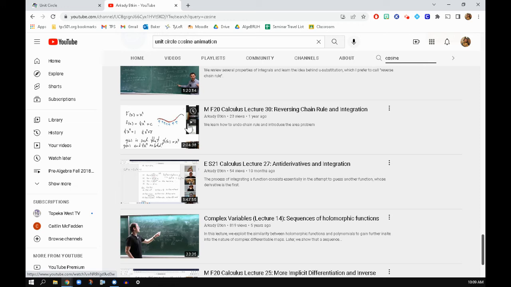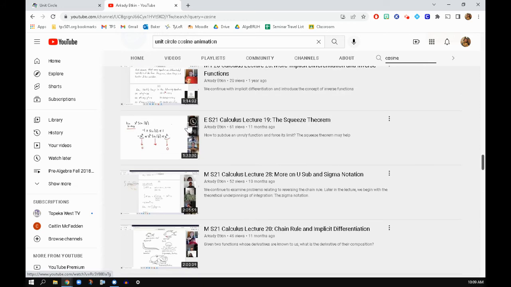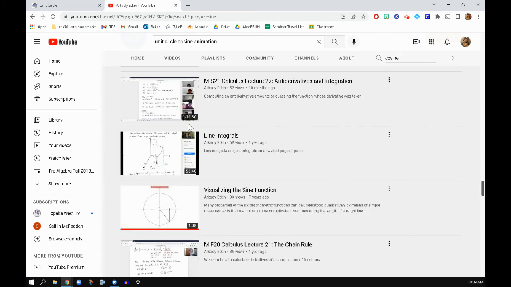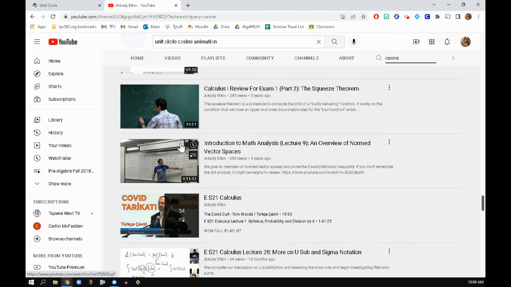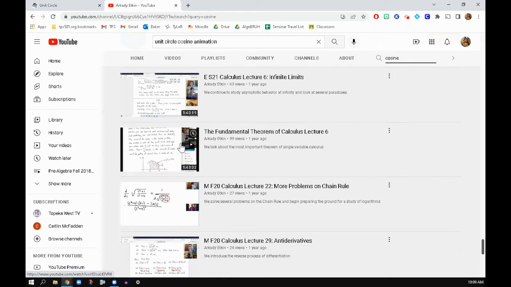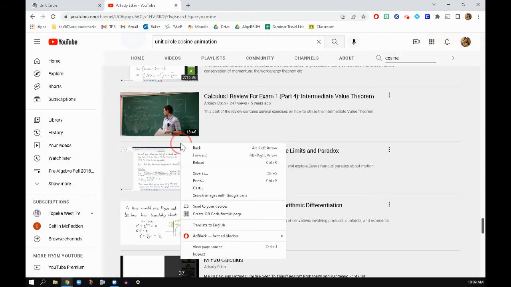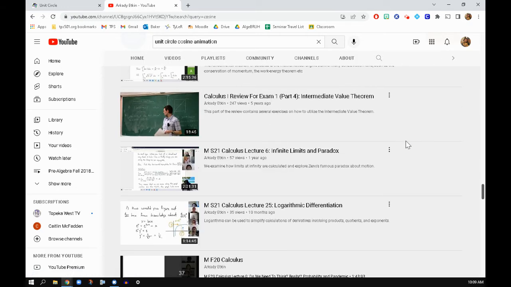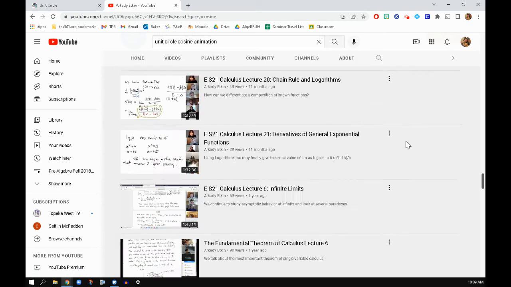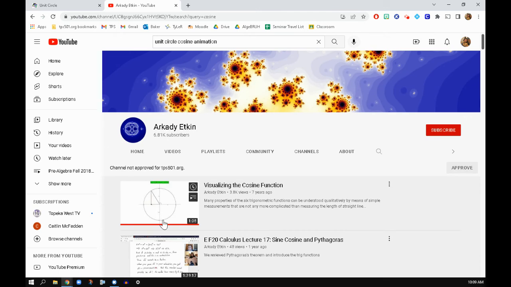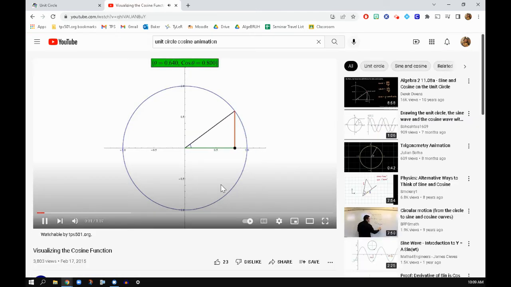Okay, anywho, now that we've gotten off on this tangent, ironic tangent, let's... Why does no one want to let us visualize the cosine function? No one cares about cosine. Wait, this one's literally called visualizing the cosine function.